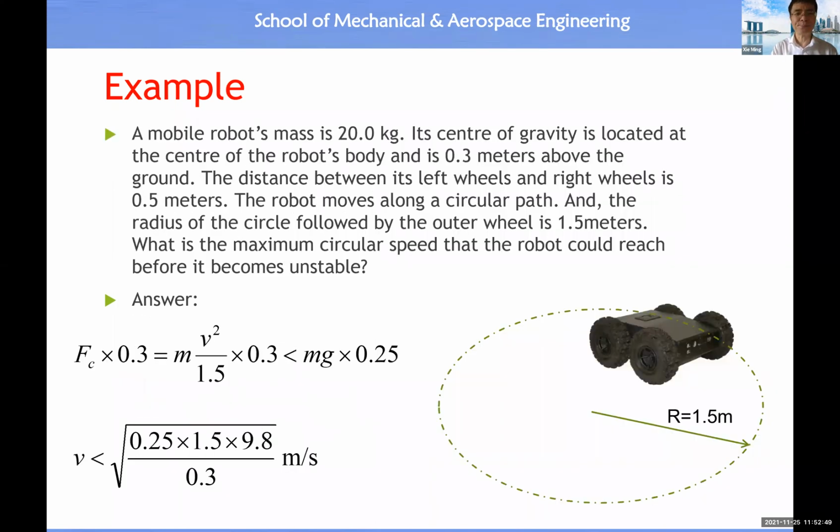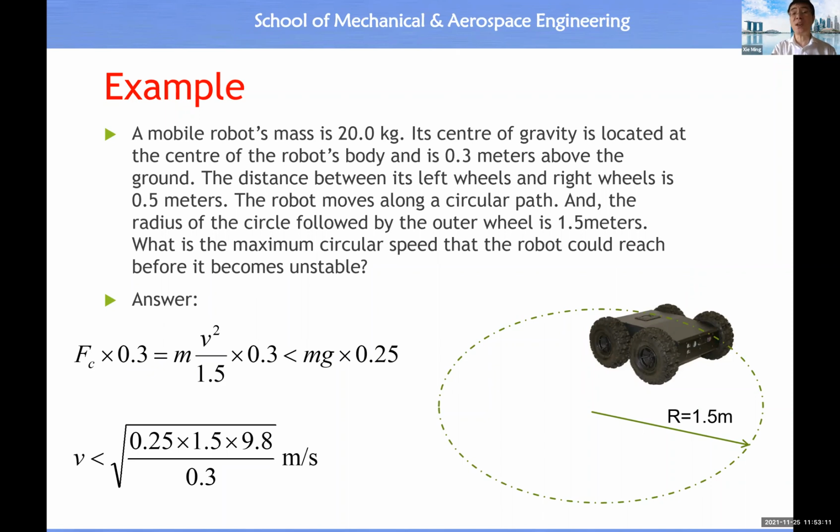All right, so for wheeled locomotion, there is also the issue of stability. Normally it is not so serious, because in a normal situation there's no issue for a wheeled mobile base to lose stability.